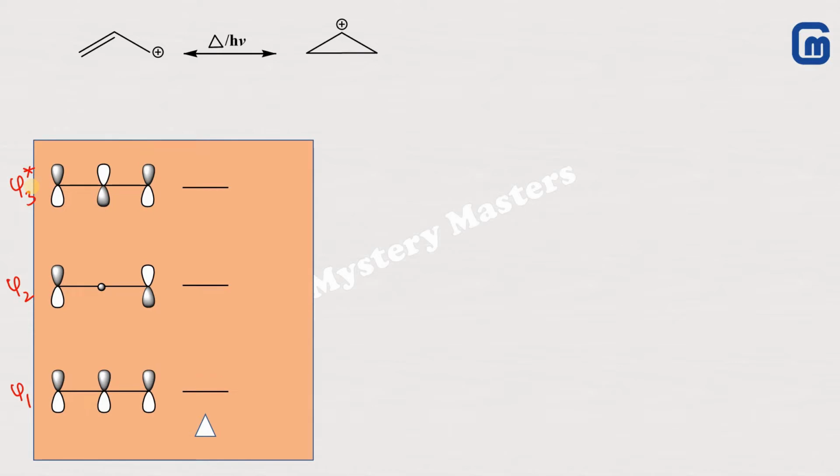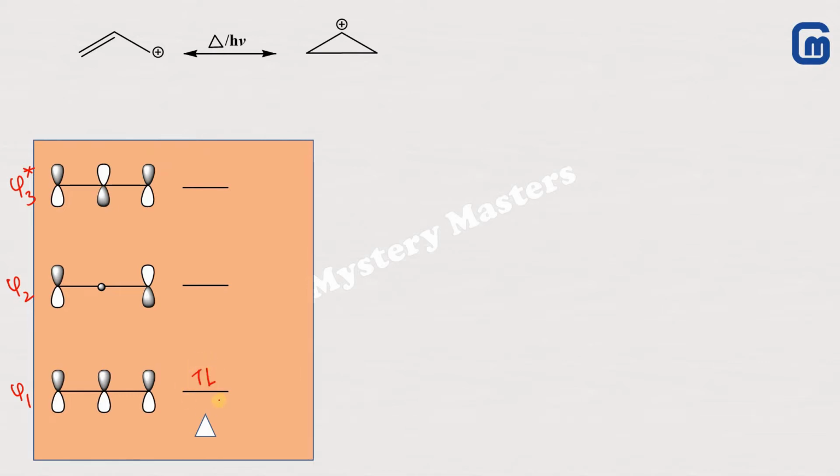So for every molecular orbital there will be filling of electrons according to a general rule of chemistry. As there are three molecular orbitals, there should be three electrons, but as you can see there is a positive charge, so overall there will be two electrons in the system. So those two electrons will be filled here in thermal condition.